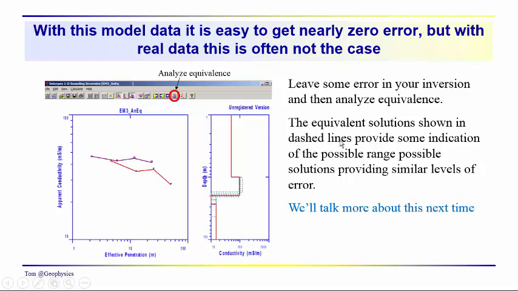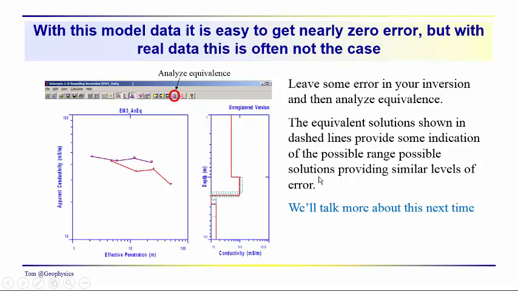So we've talked about non-uniqueness, which is something that you talk about in geophysics a lot. Because your solutions are always non-unique, there are other ways to give you exactly the same result, different models to give you exactly the same result. And here, with the equivalent solutions, we're seeing some of the variety.